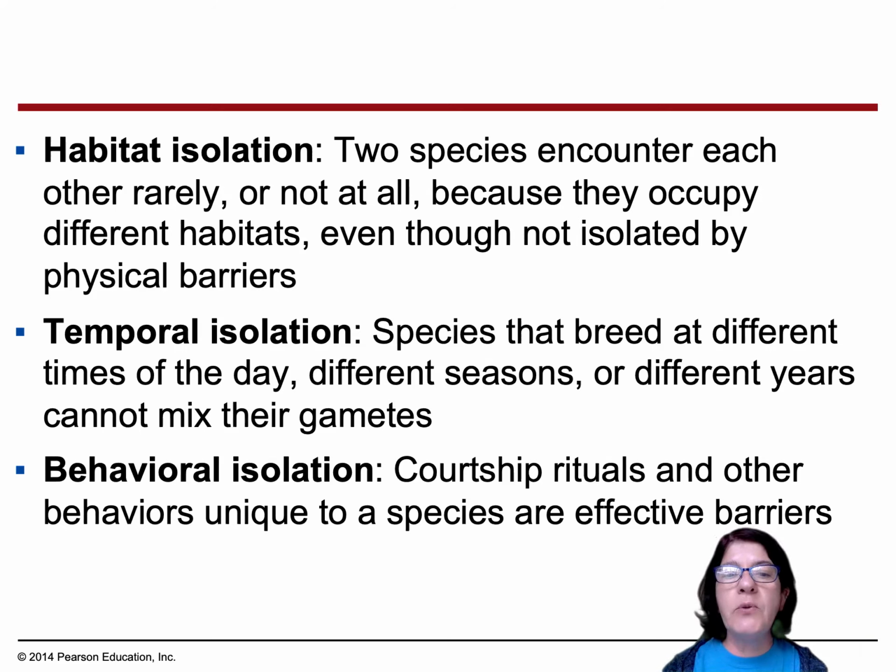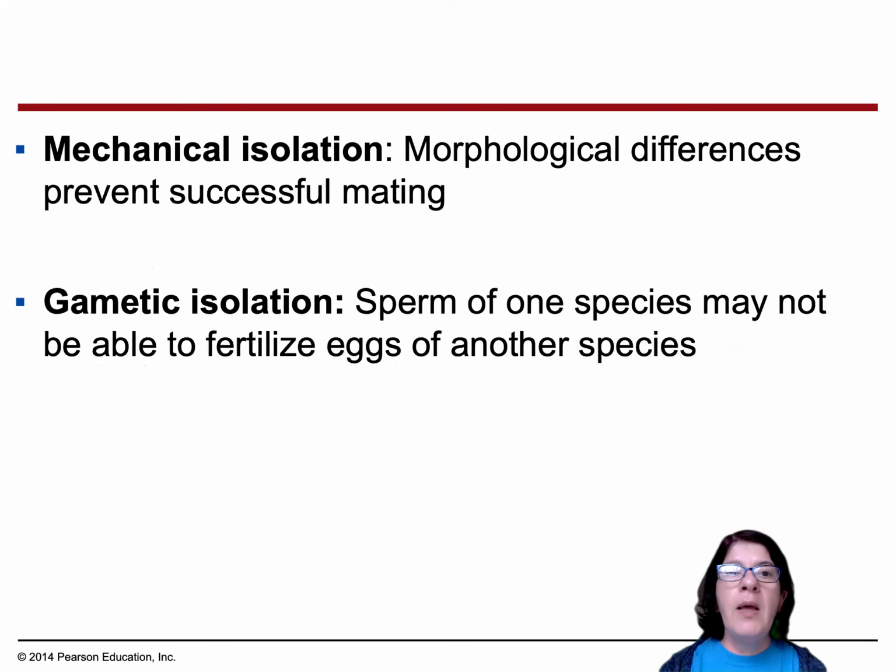Behavioral isolation is usually observed in birds. Courtship rituals and other behaviors are unique to a species and are effective barriers, preventing two different species of birds from mating. Mechanical isolation deals with morphological differences that prevent successful mating. Those are external features, usually of sexual organs, that make two different species incompatible.